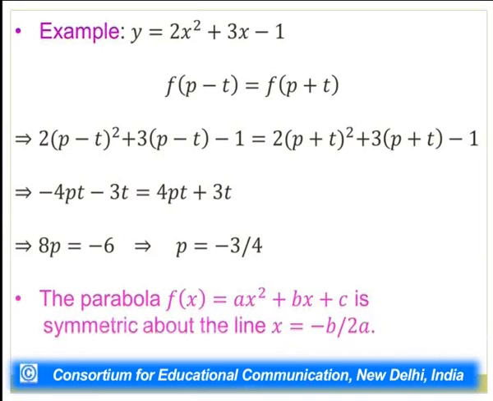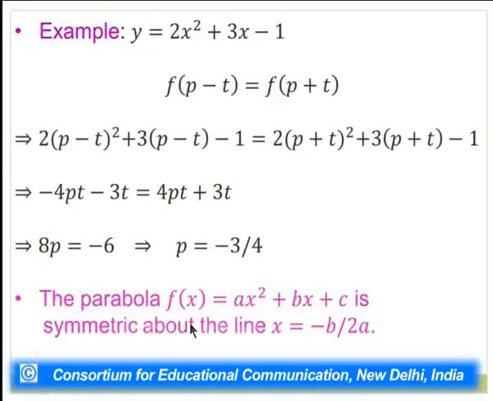And in fact, this should look familiar to you if you have heard the lecture on quadratic functions. The equation that I've given you here is actually a quadratic function. And if you remember what we did in the previous lecture, I proved this result for you, that the parabola defined by the function f of x equal to ax square plus bx plus c is symmetric about the line x equal to minus b upon 2a.